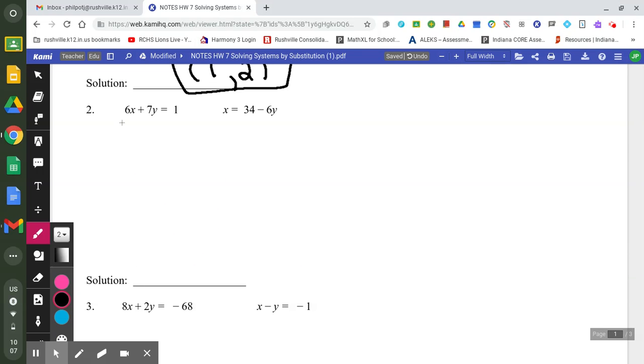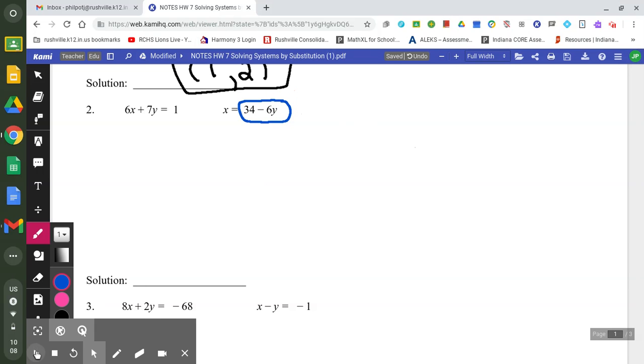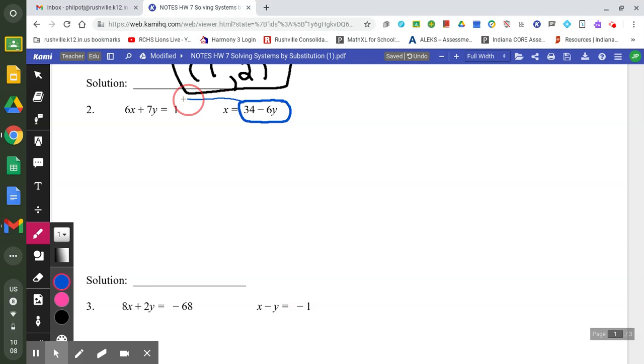For number 2, here's my first equation, and I want to write the second equation right beside it. This one has already been solved for x by itself. So I am going to take this 34 minus 6y, and I'm going to substitute it in for that x.